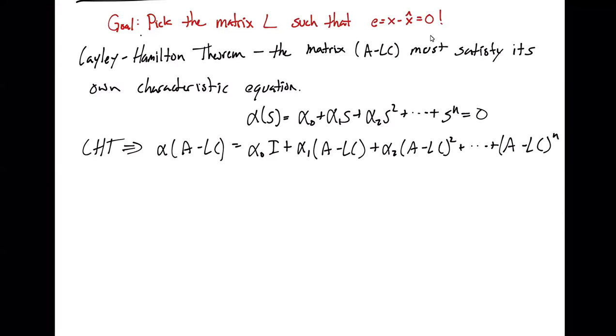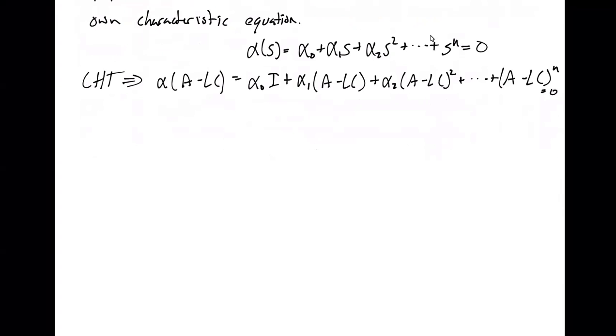Now we want this guy equal to 0. And so now, if you notice, we have several powers of matrices here. So now we have to evaluate what those powers are.